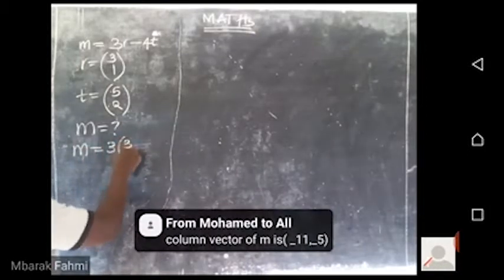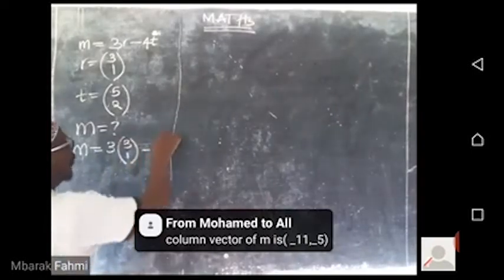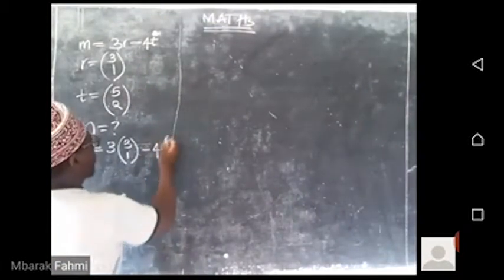So this is the first thing here. We need to have vector m is equal to 3r minus 4t. r is (3, 1), t is (5, 2).